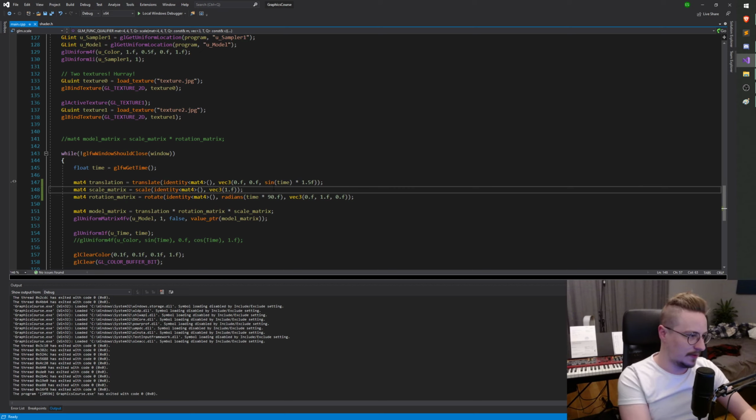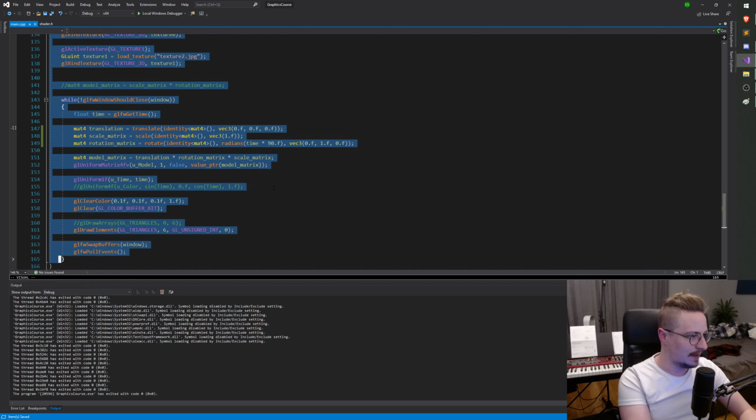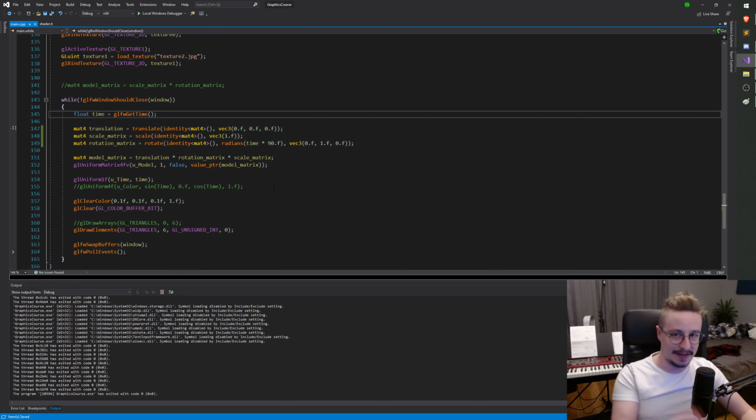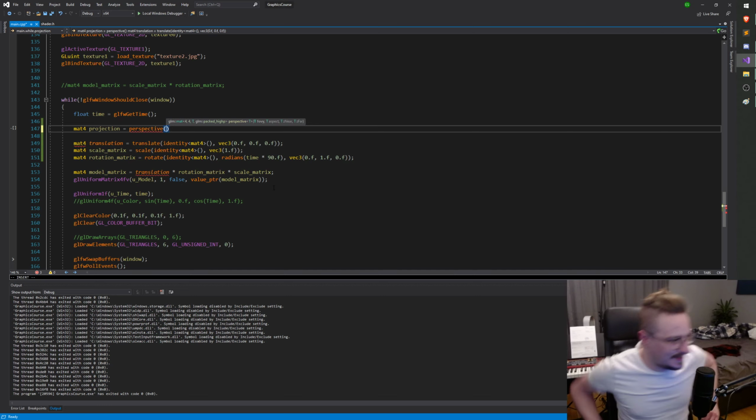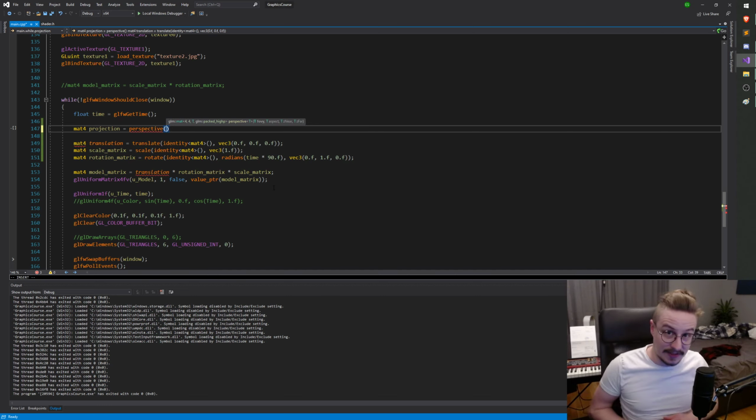Cool. Let's make it not move anymore. All right, so we're going to make this perspective transformation, as it's called. I'm going to make a matrix for perspective, which I'll call projection. I'm going to call this perspective function, and perspective creates a perspective matrix.